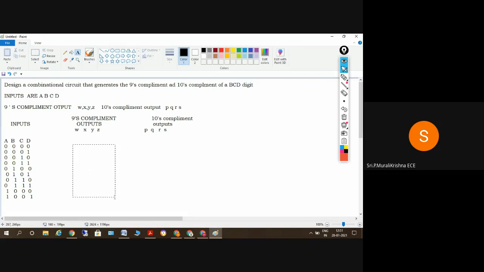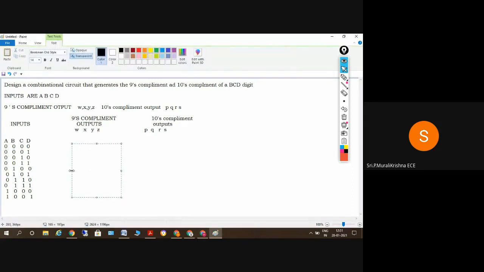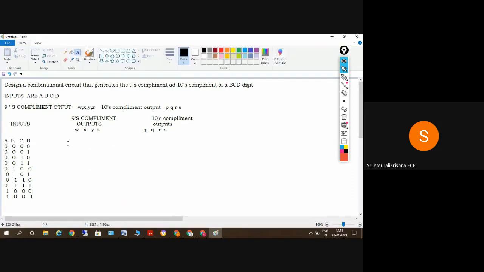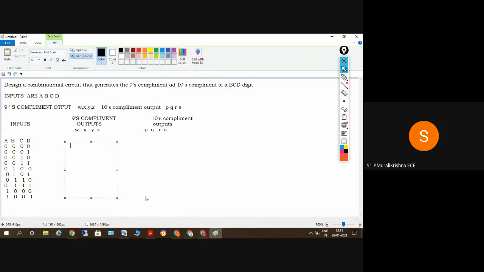So the 9's complement outputs will be like this. 9 minus 0 is 9, so 1 0 0 1. We get the 9's complement by subtracting the input from 9. So 9 minus 1 is 8, so 1 0 0 0.